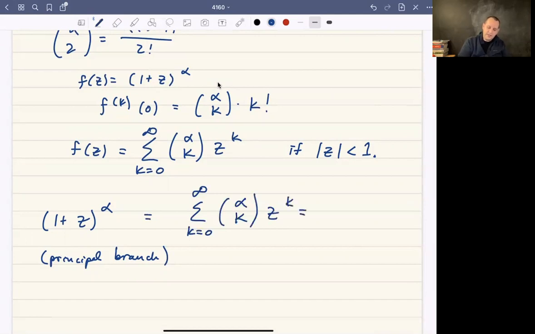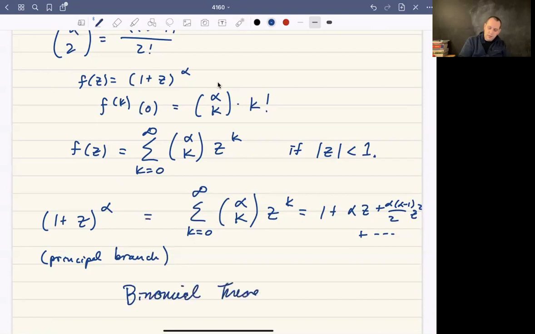In other words, this is 1 plus alpha z plus alpha times alpha minus 1 over 2 z squared, and so on. It's going to be an infinite sum, and it turns out that this is valid where alpha is a complex number, z is a complex number, and everything is still good. This is again called the complex binomial theorem, or Newton's binomial theorem. Okay, so here's another example of a power series.